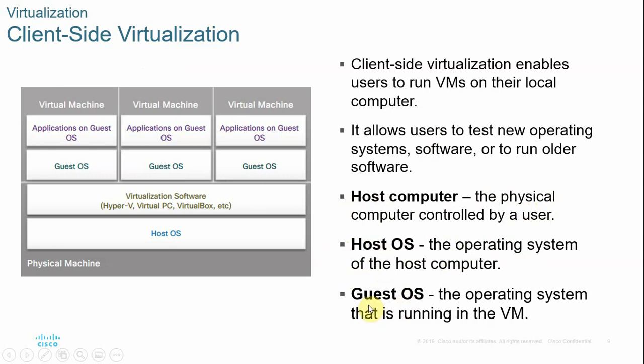And guest OS is the operating system that is running in the virtual machine. This is the diagrammatic representation of client side virtualization. We have the virtual machines, the applications on the guest operating system, the guest OS, virtualization software, and the host operating system.